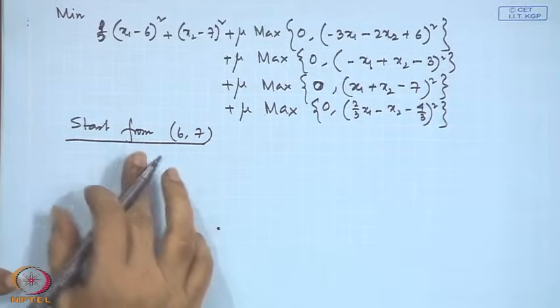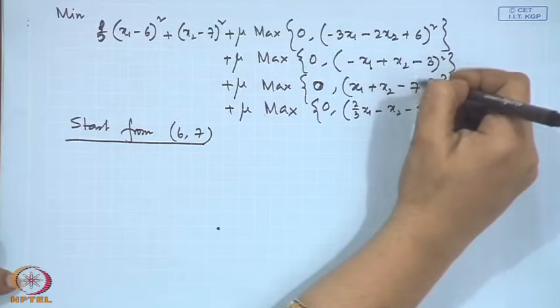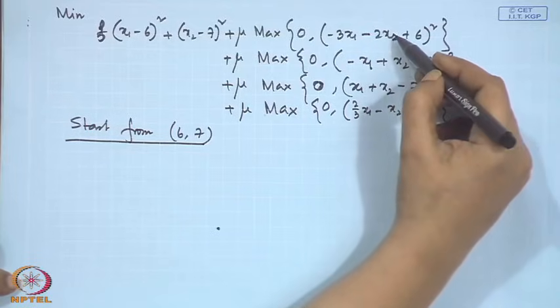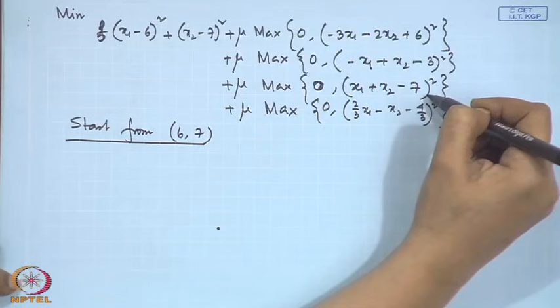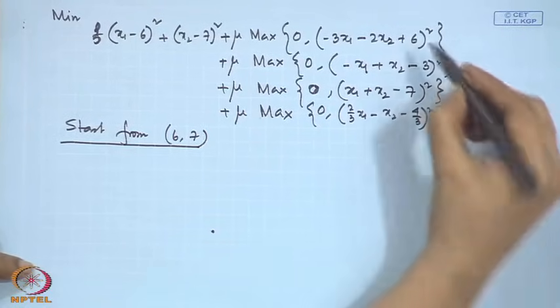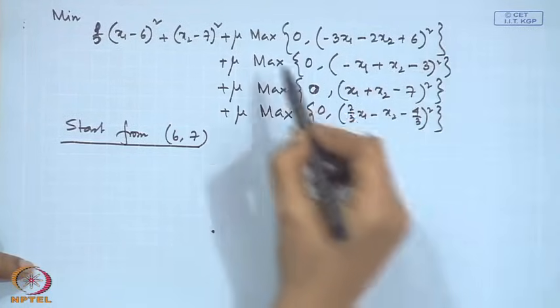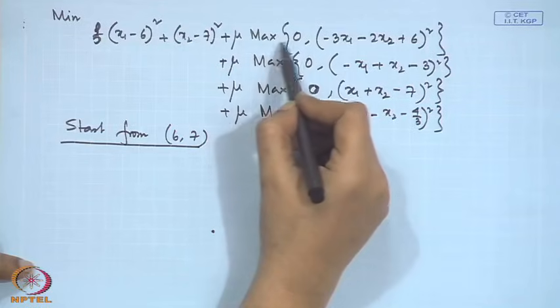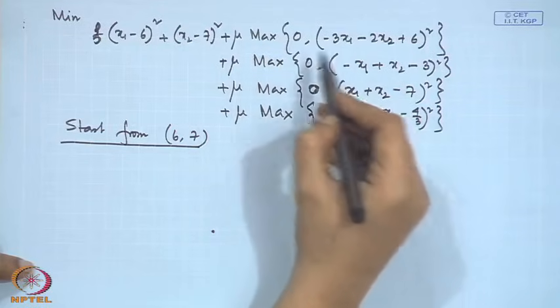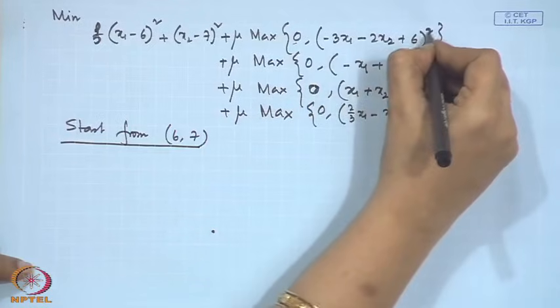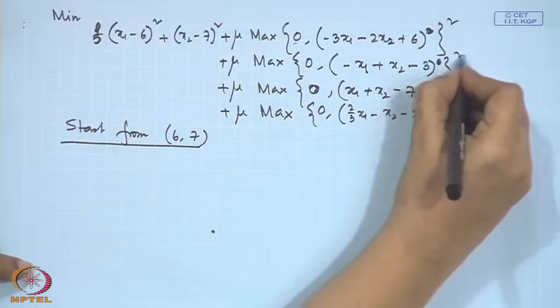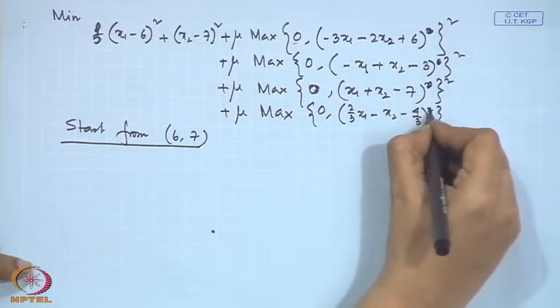If we substitute (6, 7) in every constraint, we will see that all constraints will be satisfied except this one. That means for all the other constraints we get the value 0. Actually this square is outside, not inside.